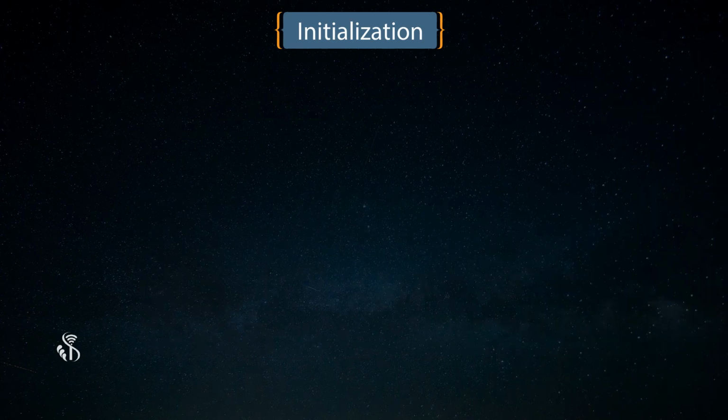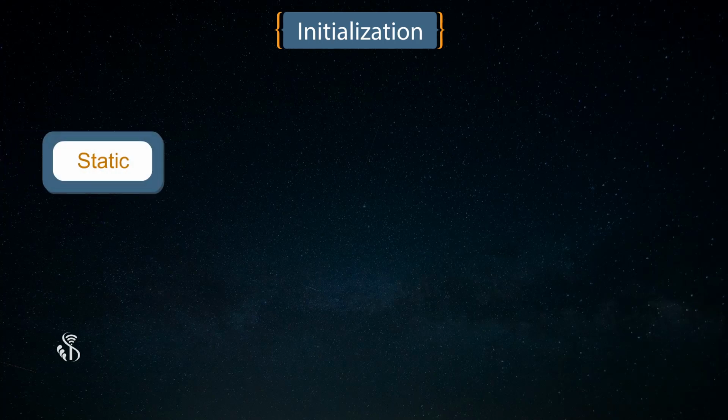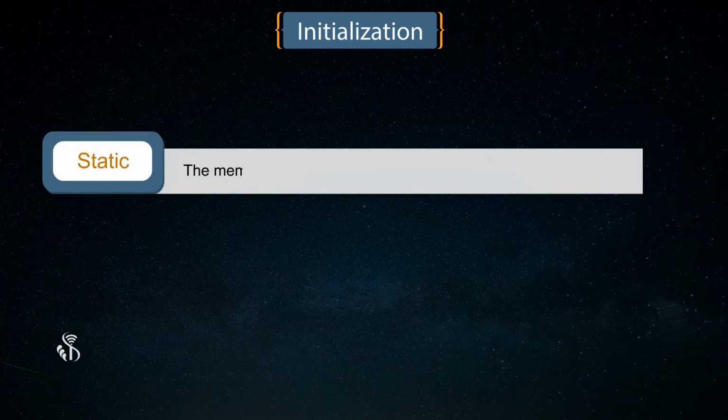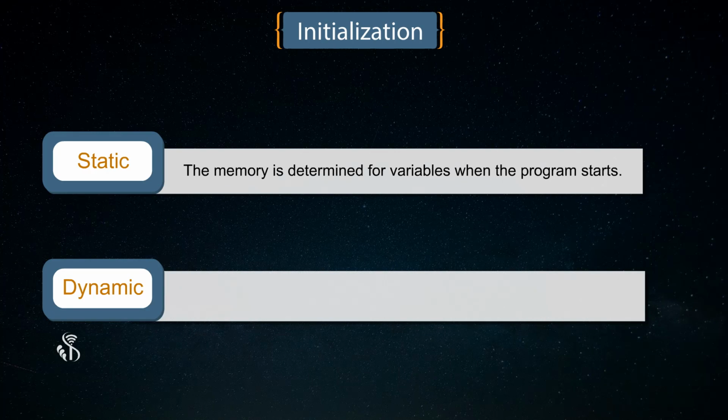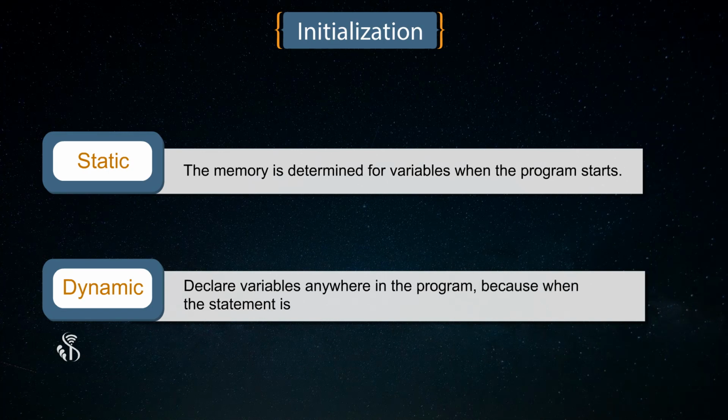Generally, initialization of variables is done in two ways. Static: this means that the memory is determined for variables when the program starts. Dynamic: in Java, you can declare variables anywhere in the program, because when the statement is executed, the memory is assigned to them.